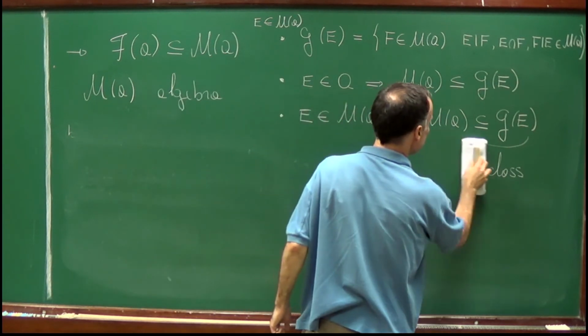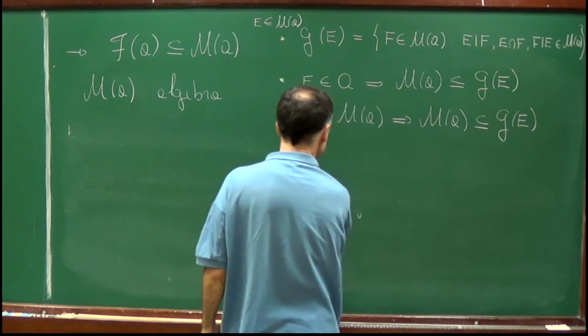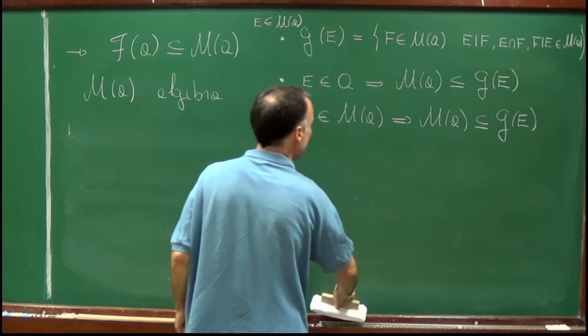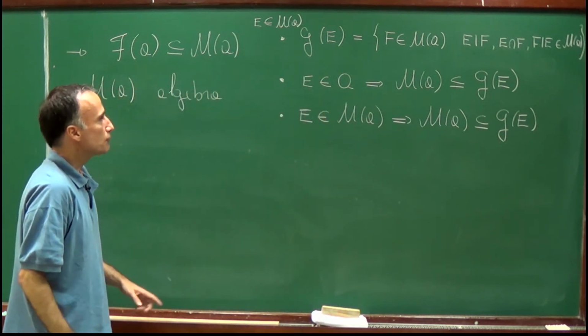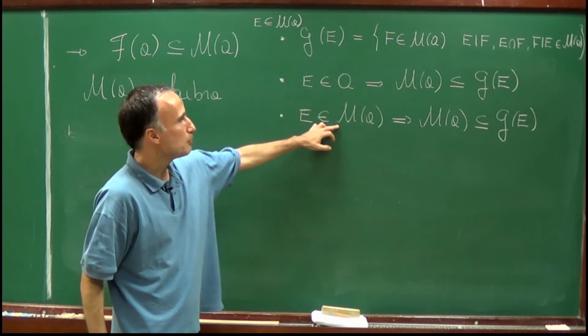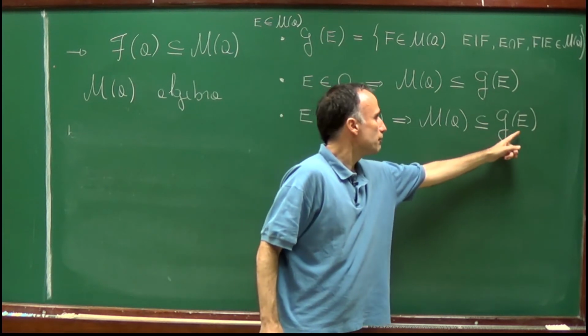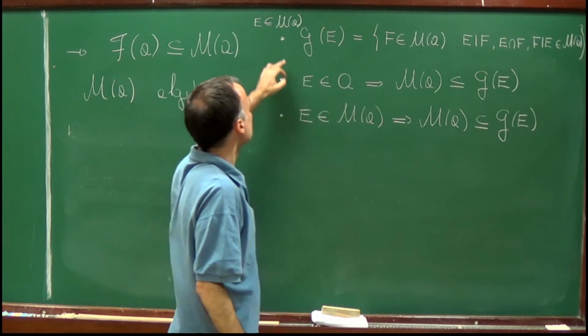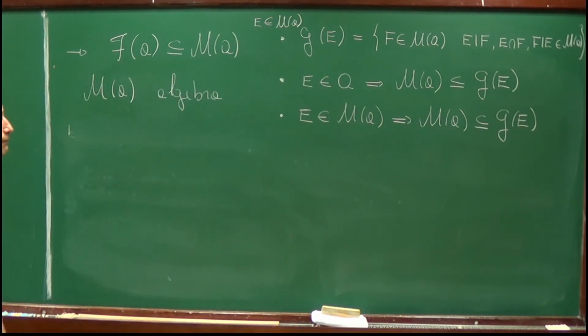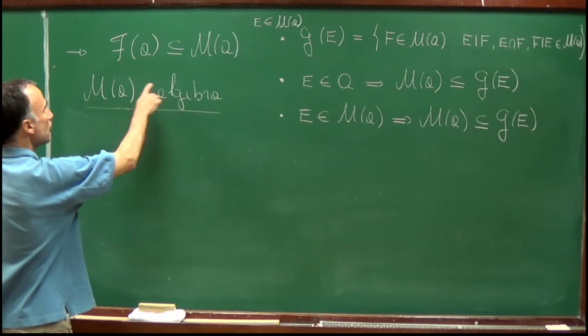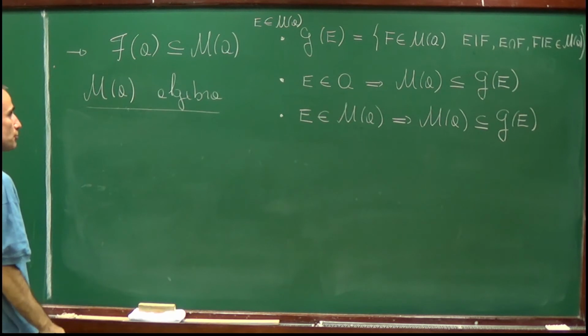So up to this point, we proved that for any element E in M of A, G of E contains M of A, where G of E is given by this definition. Now, let's prove that M of A is an algebra.